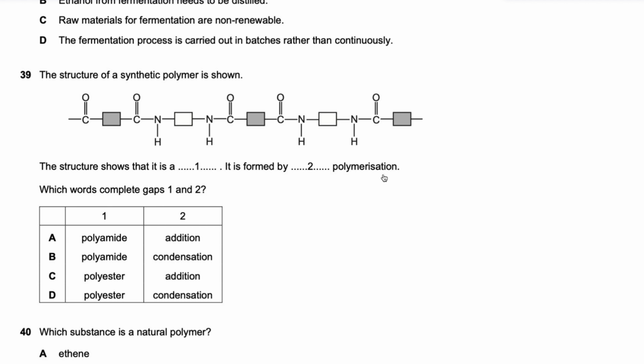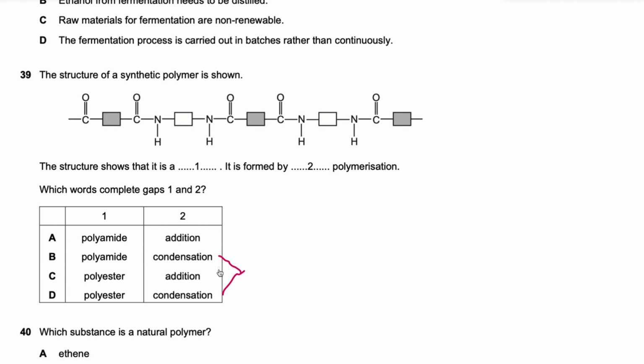Obviously, it's a condensation polymerization, not addition polymerization. Addition polymerization is when ethene is added to itself to form a giant molecule. But condensation polymerization is when we have this type of structure.